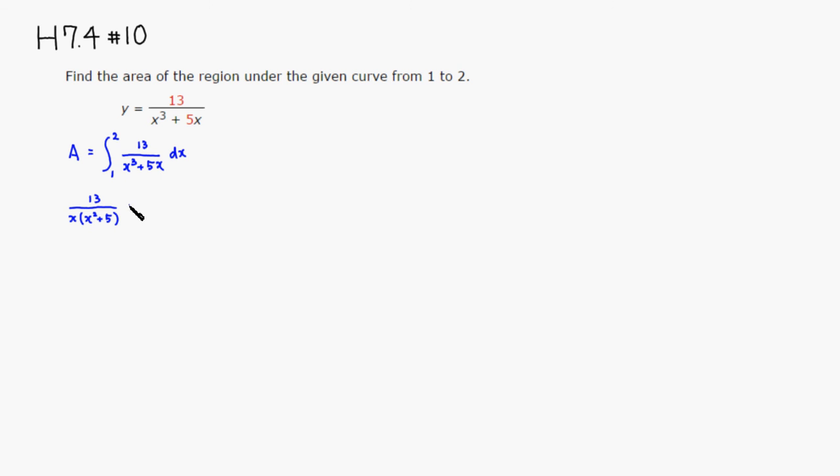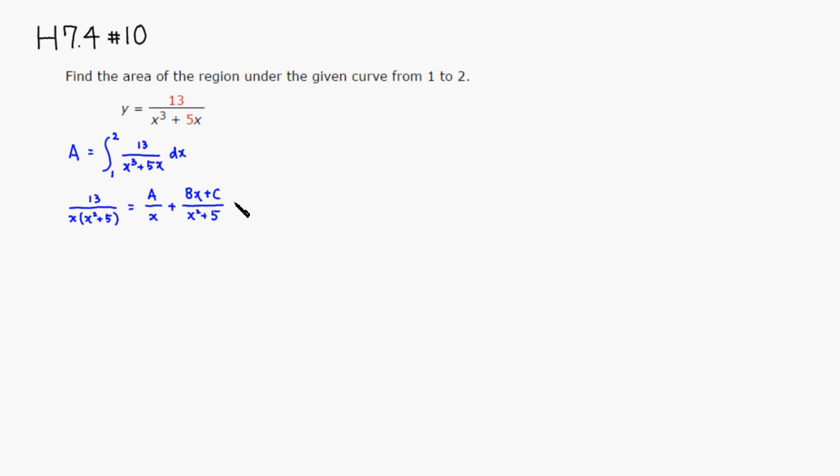So this is equal to: we have the linear factor x, so we have a constant on top, A. And we have the quadratic factor, so we're going to have Bx plus C over x squared plus 5.